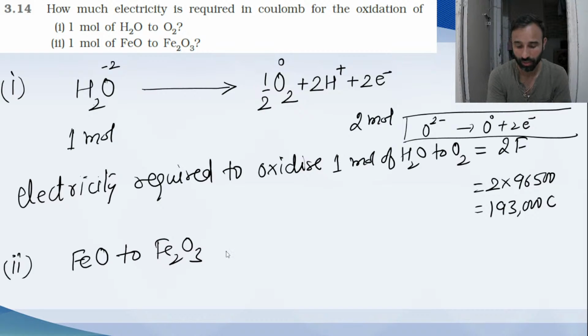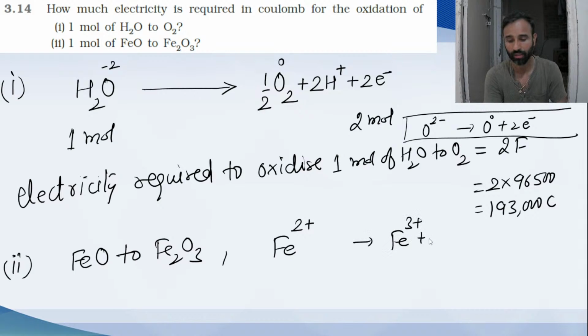That means in FeO, the number of moles of Fe present in the form of 2 plus is 1 mole. So Fe2 plus to Fe3 plus involves 1 electron. That means 1 mole of Fe2 plus to oxidize into Fe3 plus needs 1 mole of electrons.